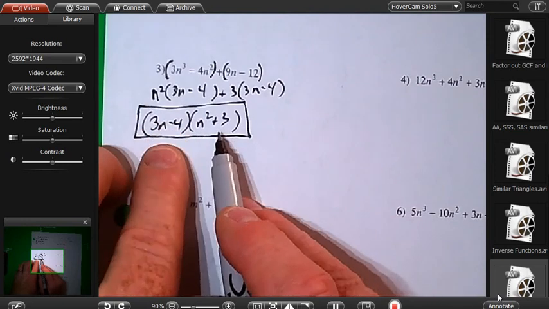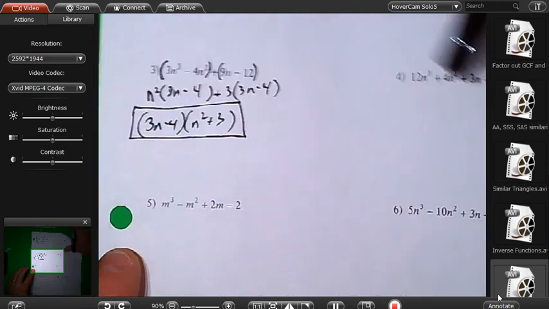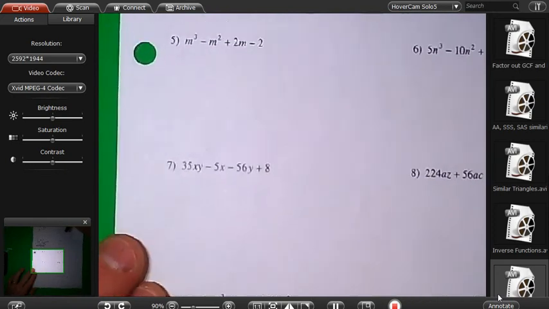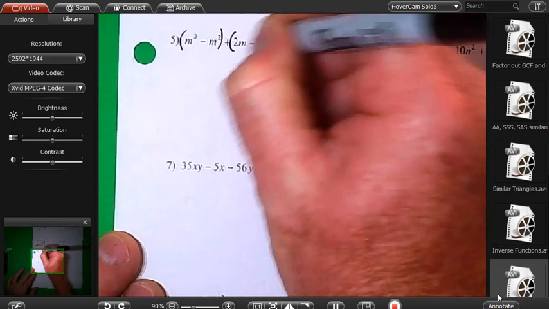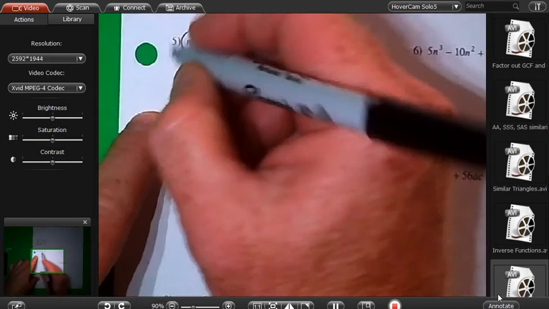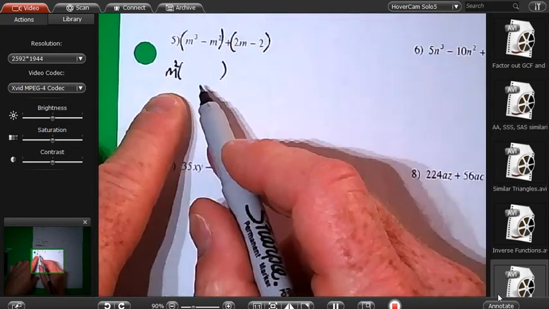Okay? Let's go to number 5. Number 5, we're also going to group it like we see it. So what's the GCF of the first group? M squared. Okay, when we factor out the m squared, what's left?